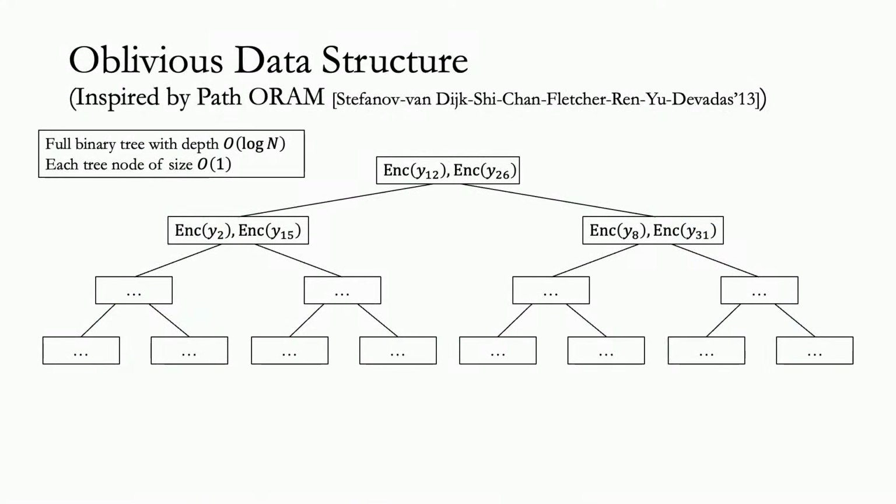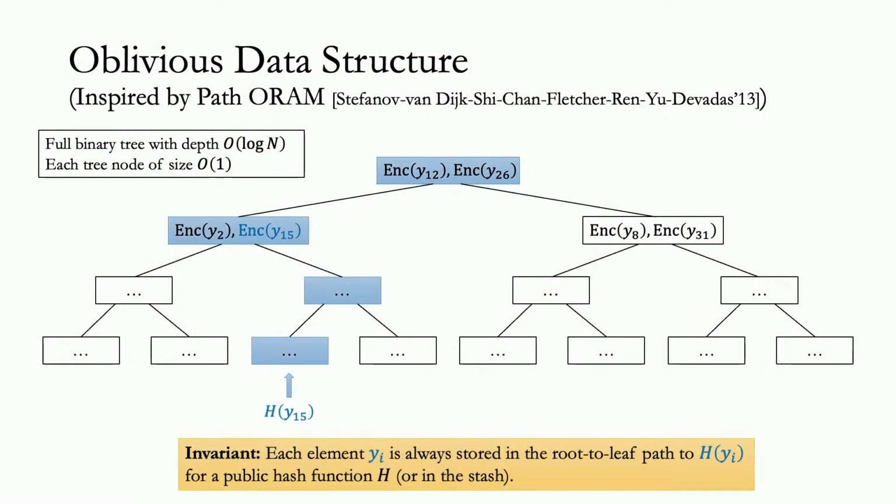It's a tree-based construction, so our data structure is organized in a binary tree with depth log n. Throughout the entire protocol, we're going to keep the invariant that each element yi is always stored in the root-to-leaf path computed by h of yi for a public hash function, or in the stash, but you can ignore the stash for now.